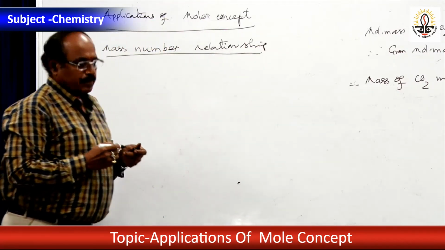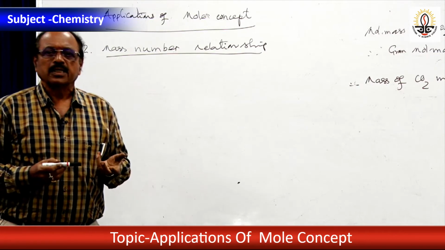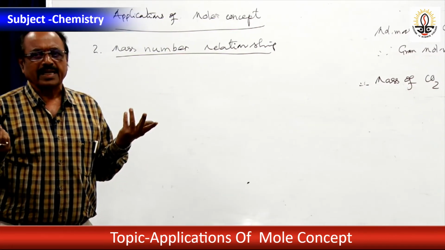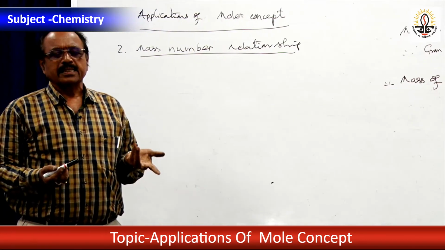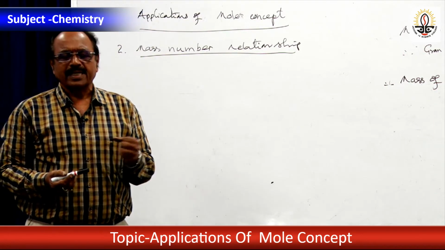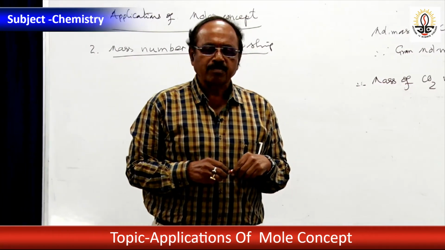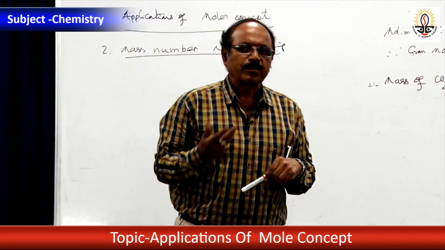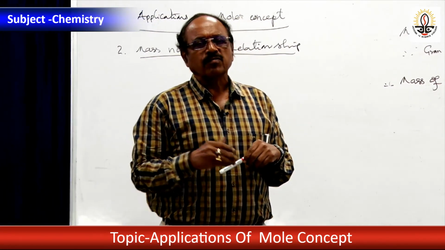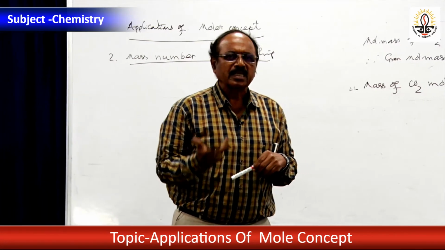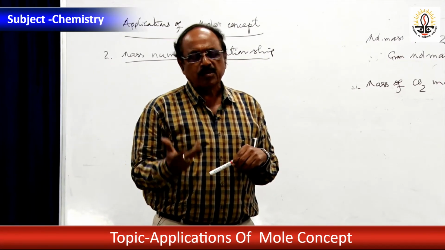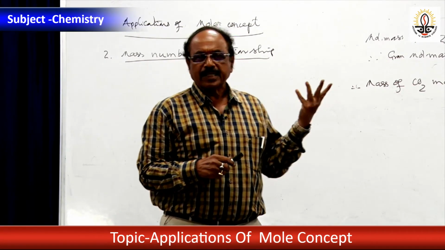Number of particles means what? Number of atoms, number of molecules, number of ions. You can calculate how many ions are present in a given amount of grams of iron, how many atoms are present in a given weight of the element, how many molecules are present in a given amount of the compound. That you can do.